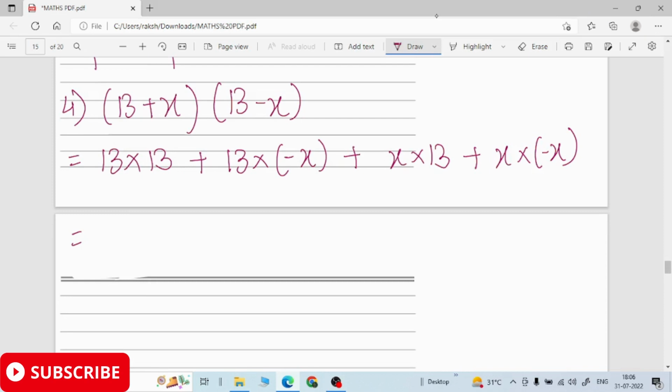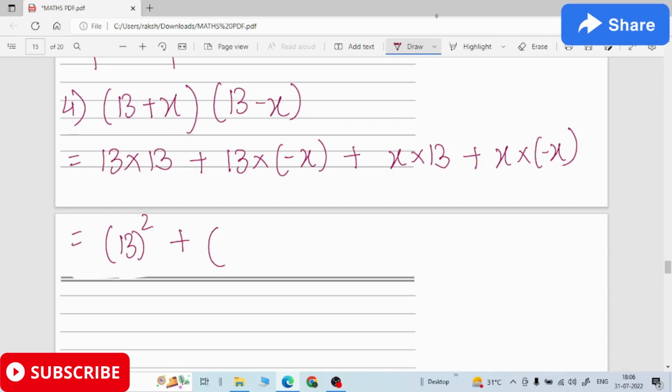First we'll write 13 square plus the common part. Both the numbers are common, but we have done with the 13. Since 13 is positive, but x and x are positive and negative, we'll take x in the bracket form, that is x minus x into 13 plus x into x square, that is minus x square, because one number is negative.